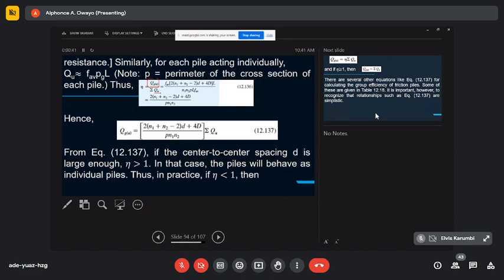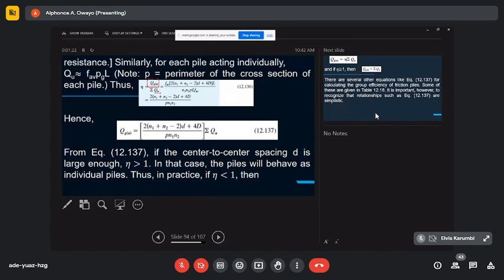If you're able to fully mobilize the capacity of each pile, then the efficiency is the ratio of the actual capacity over the theoretical capacity.